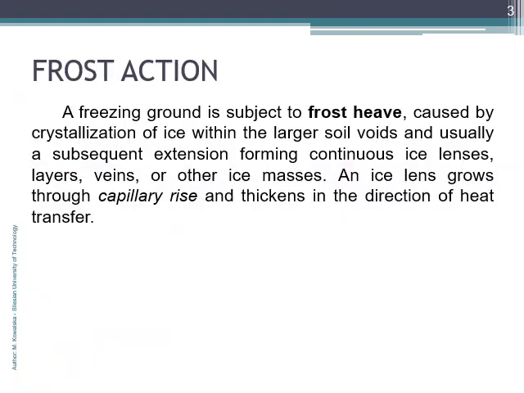This phenomenon is called frost heave. The water present in the soil voids turns into ice, forming continuous ice lenses, layers, veins, etc. The ice lens grows through capillary rise and thickens in the direction of the heat transfer until the water supply is finished or until the freezing conditions change.